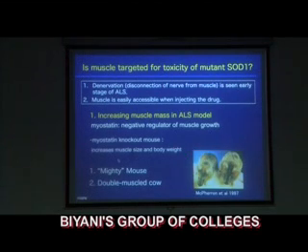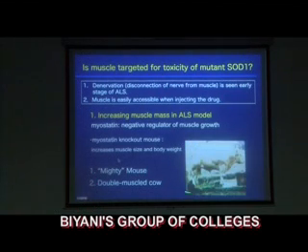Really, it has more muscle volume. And also, an American group took a very clever approach to produce the double-muscle cow to obtain more beef.